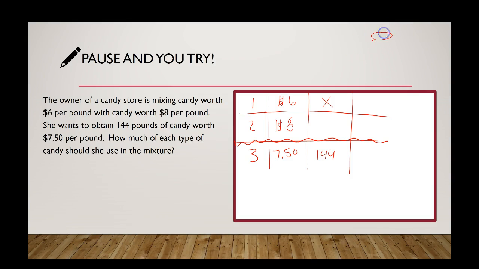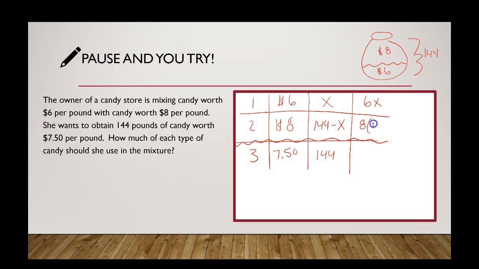So think of the same thing. Here's your big bag of candy. This whole entire thing is 144 pounds. If I take out the $6 candy, by picking them all out, it's going to leave you with the 8. So this would be 144 pounds, subtract out the $6 per pound candy, and that's what we get. So I have 6x would be the multiplication.